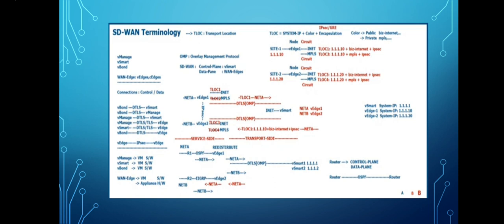For TLOC 1, it's going to be 1.1.1.10 plus biz-internet plus IPsec. If you're using MPLS, it's going to be MPLS and IPsec. The configuration part I'll be explaining later in detail. This is a brief summary that I would like to flash just to give an idea of how it's going to be.